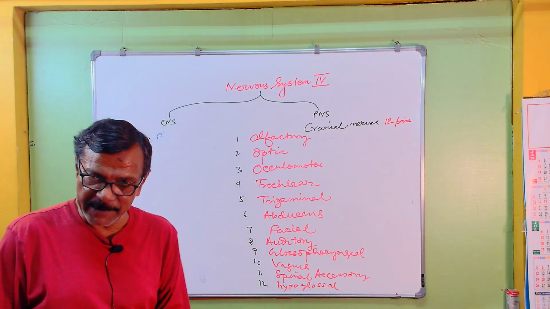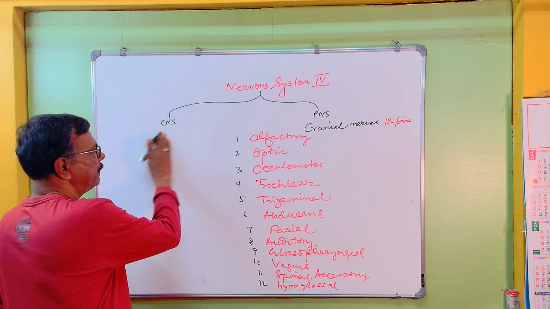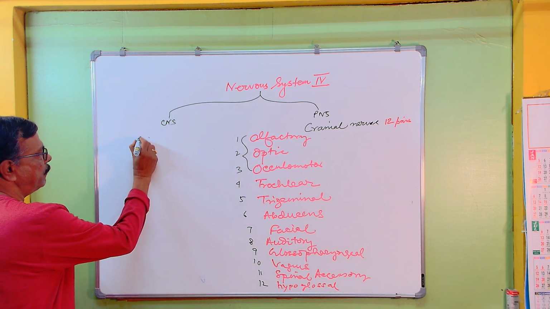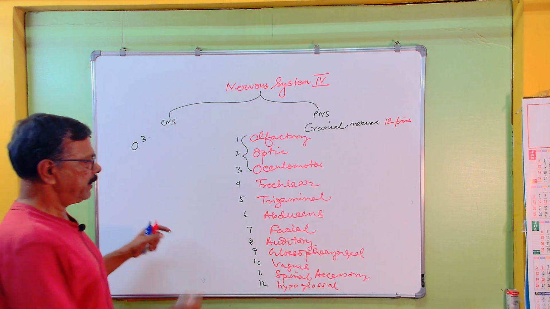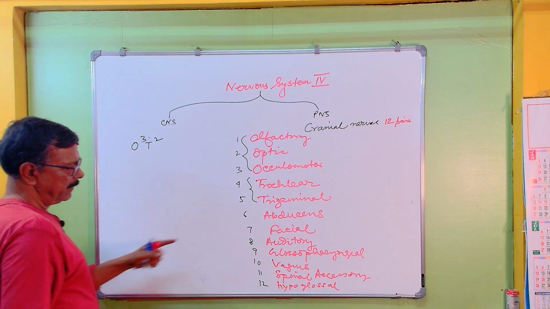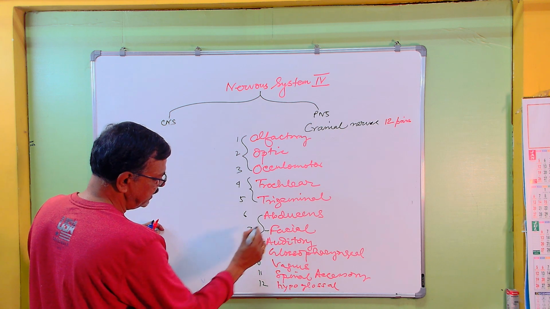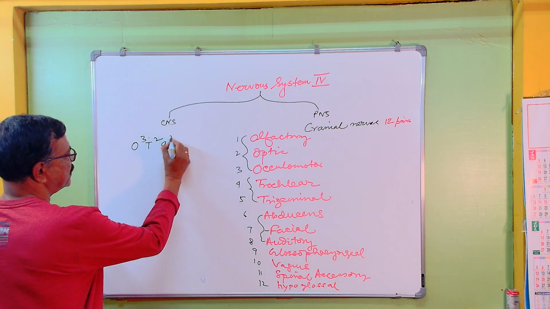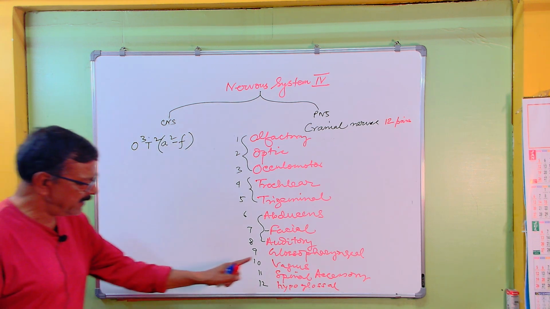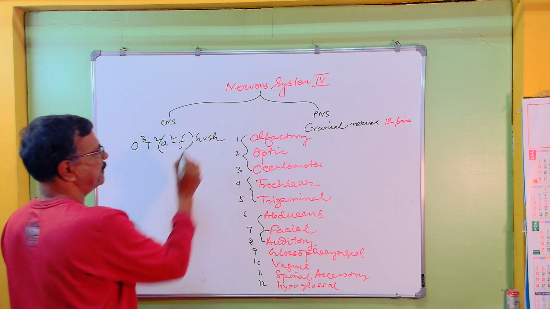Very difficult to remember. I am giving a shortcut. These three are known as O cube. Double T is known as T square. A and A, these two are A, and in between there is F, so you write A square minus F. And then simply write GVSH.